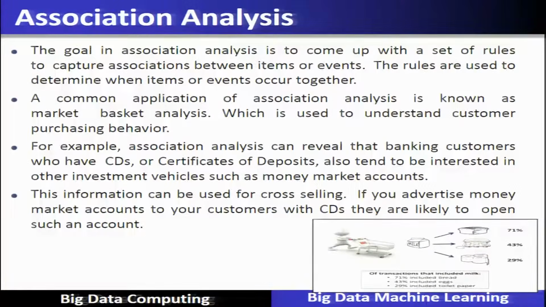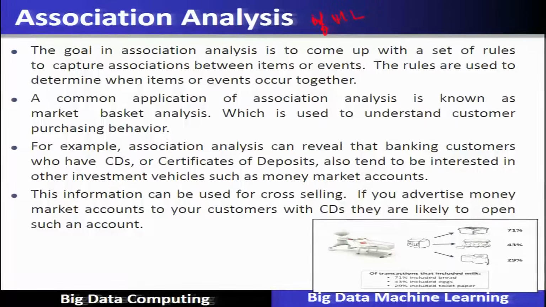Now, another category of machine learning is called association analysis. In association analysis, the goal is to come up with a set of rules to capture association between the items or the events. These rules are used to determine whether the items or events occur together.